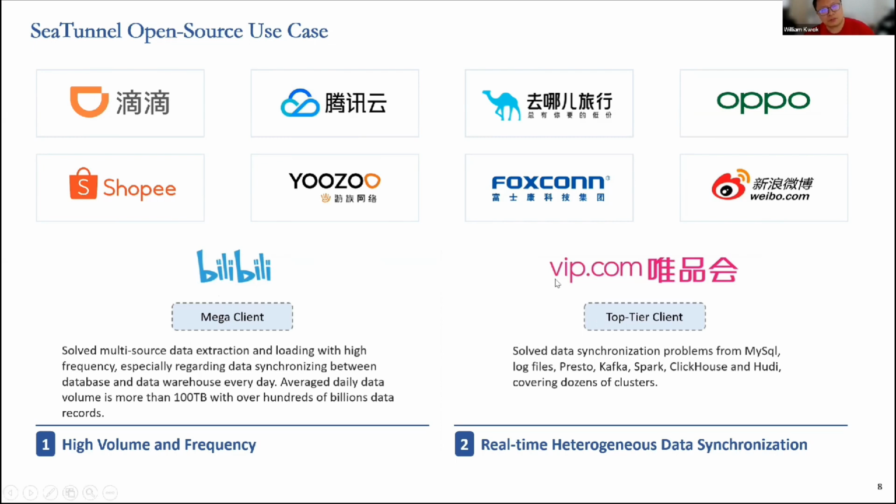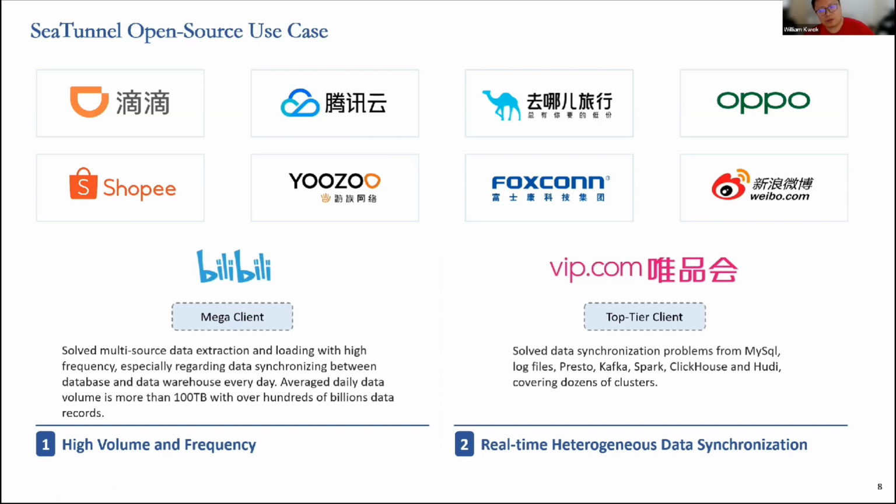The other user scenario is real-time data synchronization with many data sources. The typical user is VIP.com, and SeaTunnel solved the data synchronization problem with MySQL, log files, Presto, Kafka, Spark, ClickHouse, and Hudi.